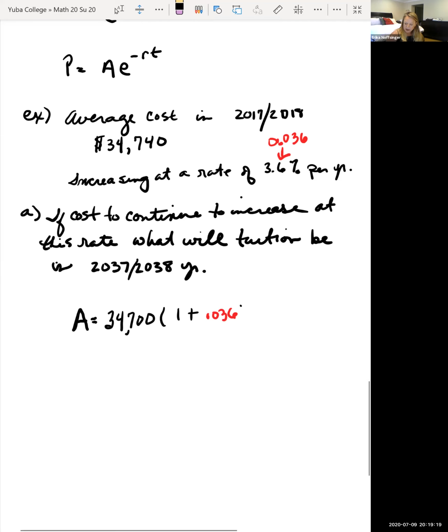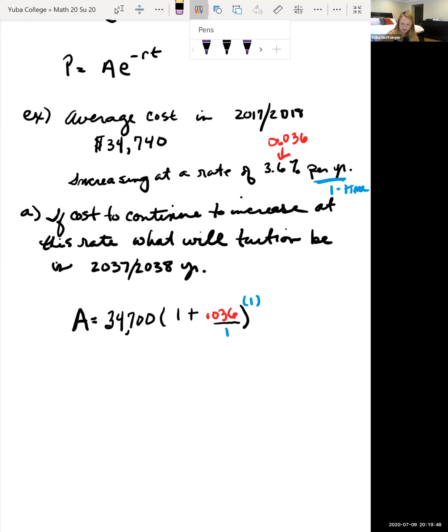And it's compounded, like I said, once a year, so we can think of n being 1. So all times n, the number of times a year, which again is 1, times t. So we have to figure out how long t is.